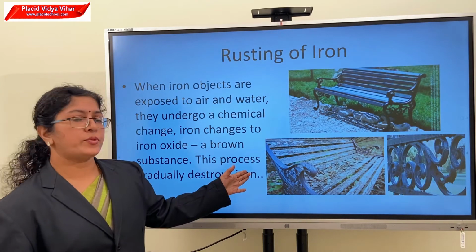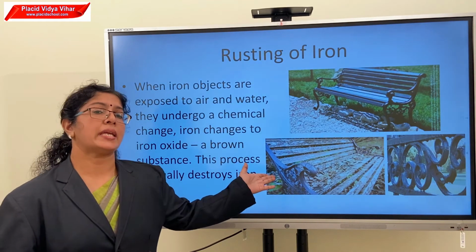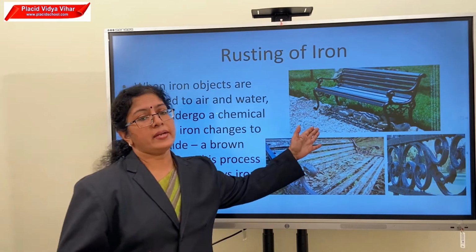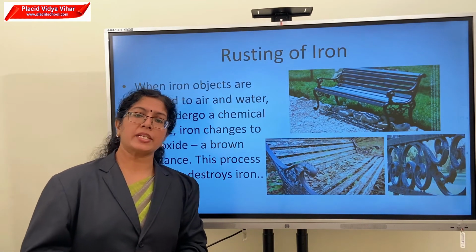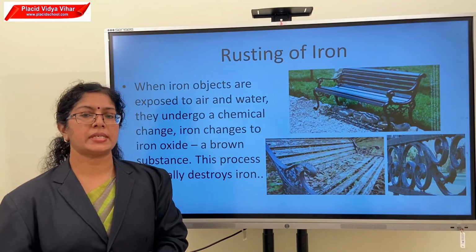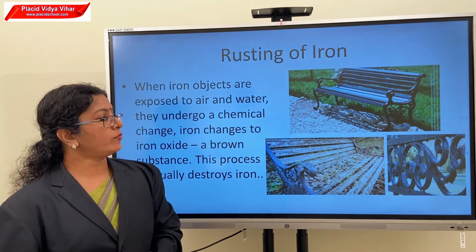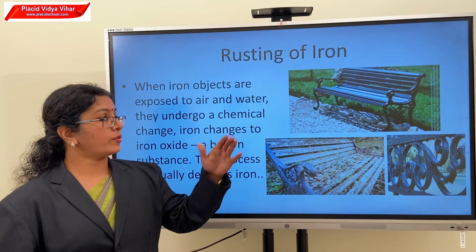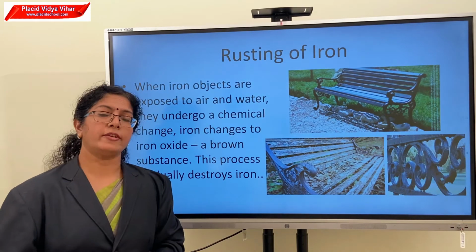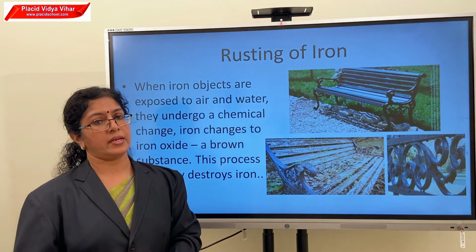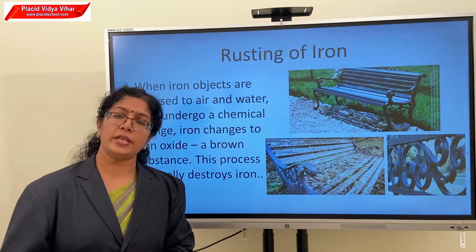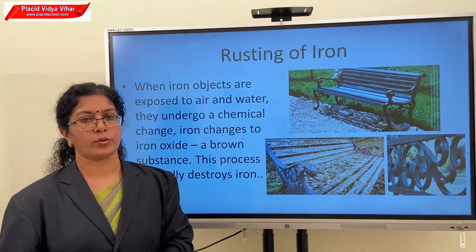See, this brown substance is the result of a chemical change. The iron in this object reacts with atmospheric oxygen in the air and water molecules, because of rain or the water vapor in the air, and changes to a new substance called iron oxide.